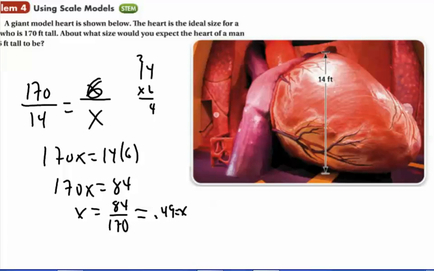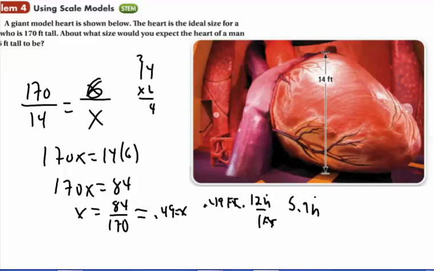That's 0.49 feet. So I have to convert that to inches. So 0.49 feet times 12 inches per 1 foot. Feet go away. 12 times 0.49 is 5.9 inches. So 5.9 inches is the size of a heart, about my size.